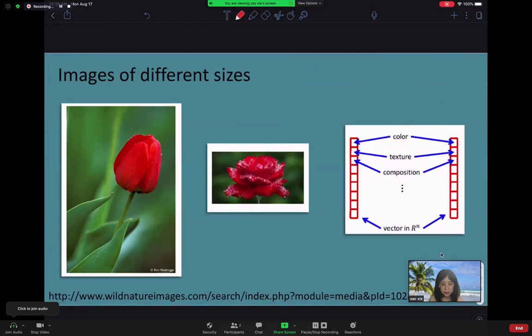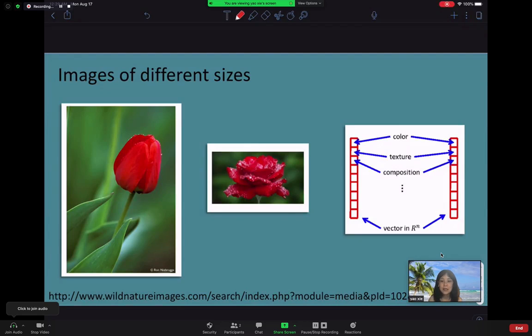Again, let's look at some examples illustrating what I mean by different definitions of similarity functions. For example, how do I define a comparison or similarity between images of different sizes? We talked about the MNIST handwritten digits to start with, but these images are the same size.